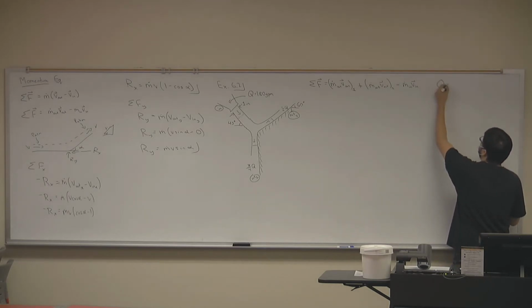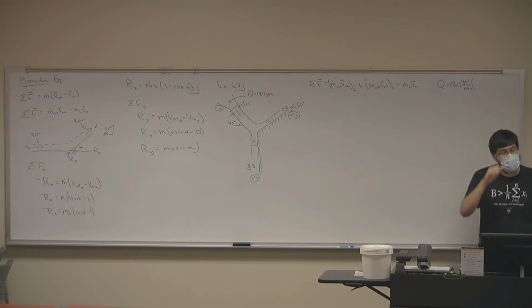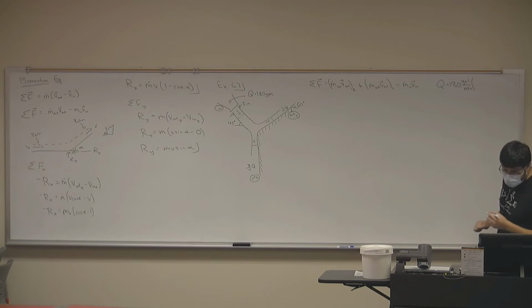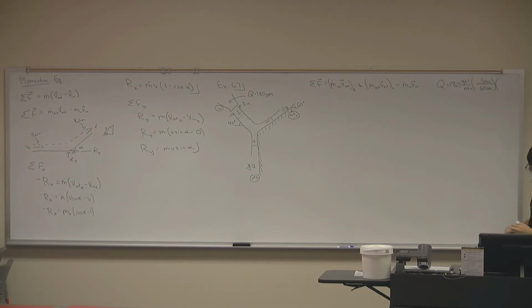We have the flow rate is 180 gallons per minute. How many seconds in a minute? Okay. So we divide it by 60 seconds over 1 minute, and then we can also multiply it by 1 cubic foot over 7.48 gallons.